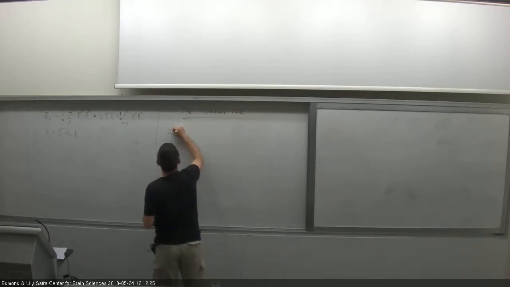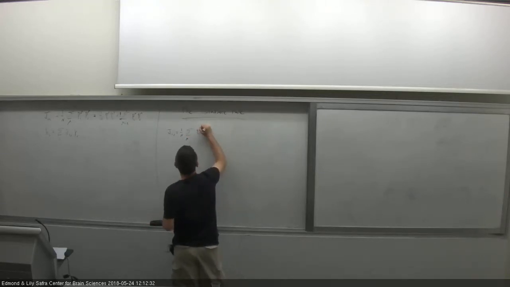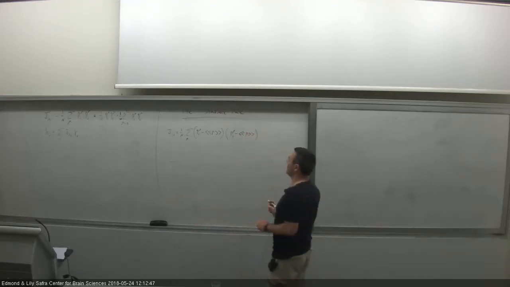In this case, Jij will be equal to 1 over n, sum over mu of (pi mu minus the average of p)(pj mu minus the average).